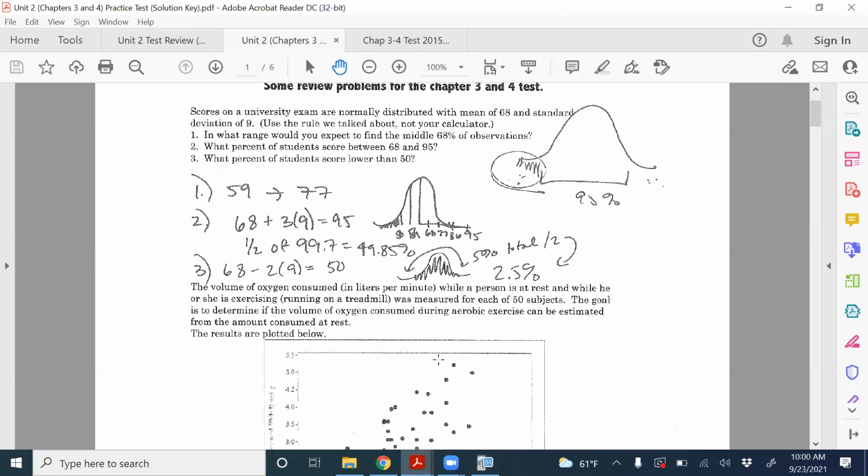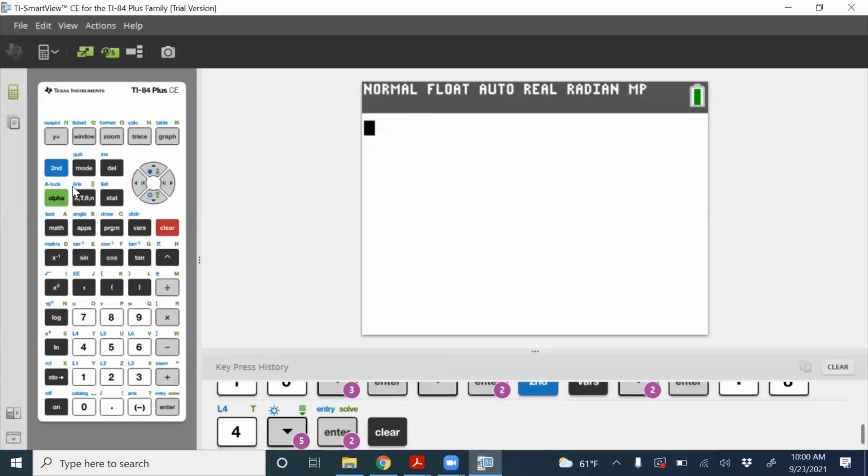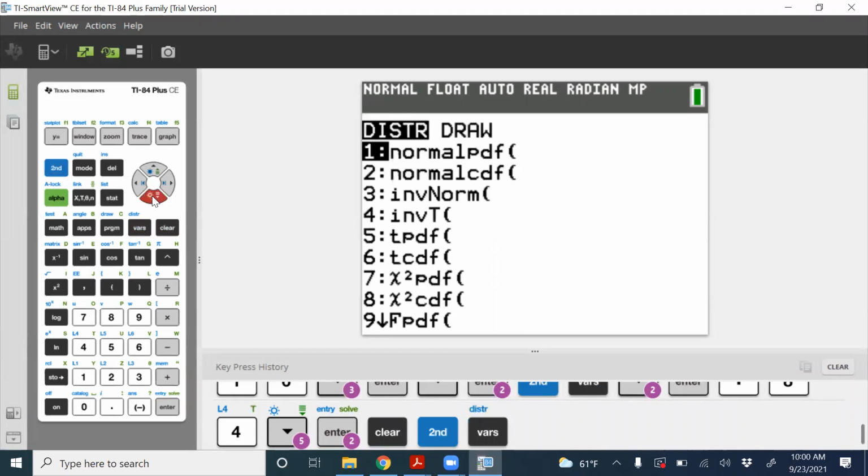For number 2, what percent of scores are between 68 and 95? Now let's use a calculator for that one. Again, if you know the way the normal distribution works for the 68, 95, 99.7 rule, we could just do this. You can just use a calculator instead.